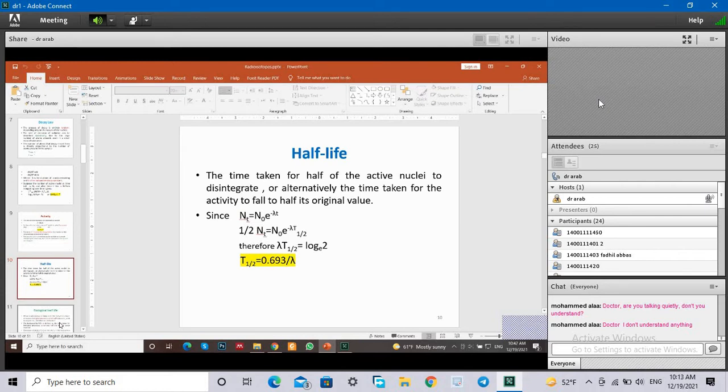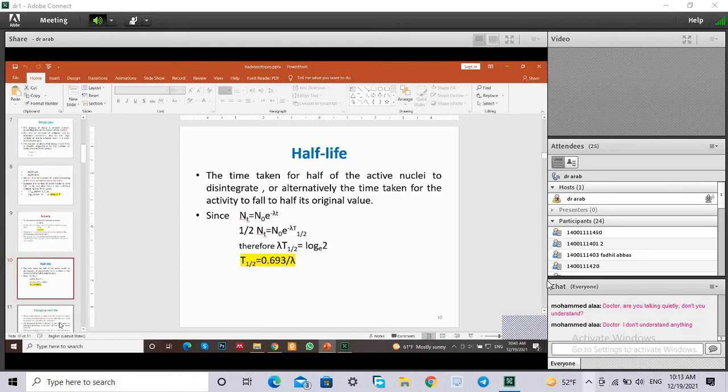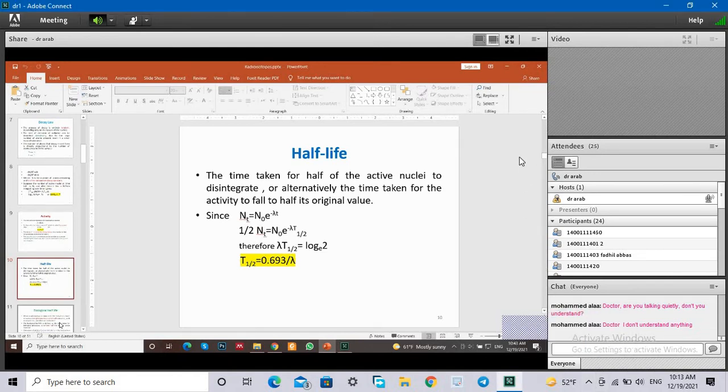With knowing the meaning of N and A at each time, I want to introduce the main parameter that is very, very important in nuclear medicine, especially in radiation protection, and also should be considered, for example, every time you carry a radionuclide drug as a physician. And this is the half-life time of each radionuclide.